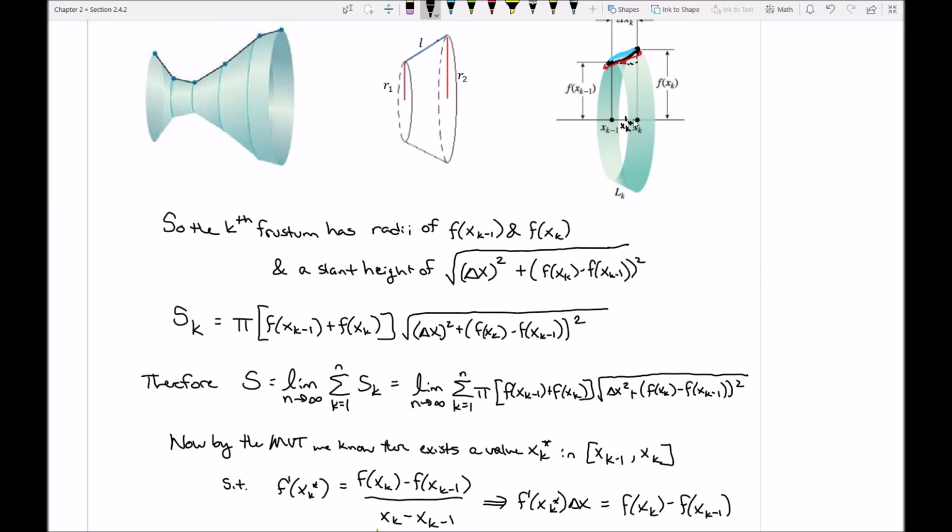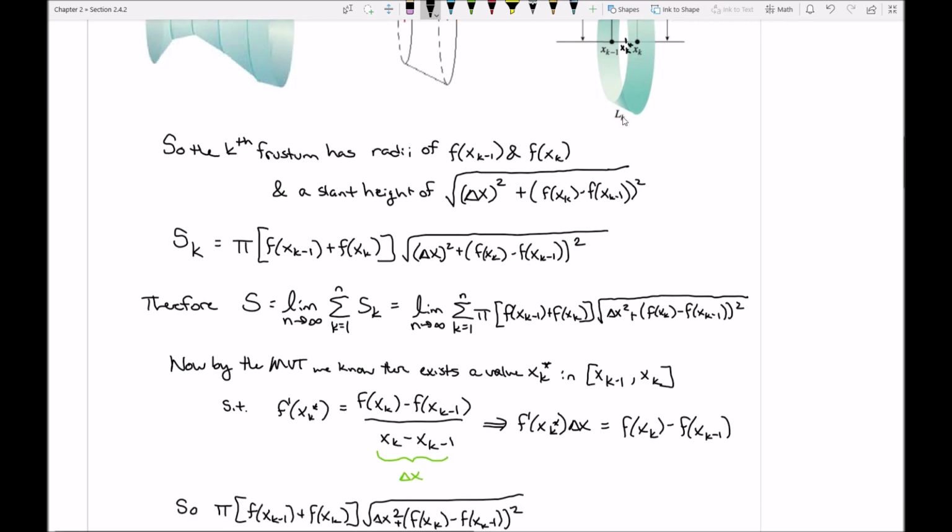Just imagine having this interval shrink down. If this xk moved a little bit to the left, and my xk minus 1 moved a little bit to the right because my interval is shrinking, then my endpoints are going to be even closer to my xk star.